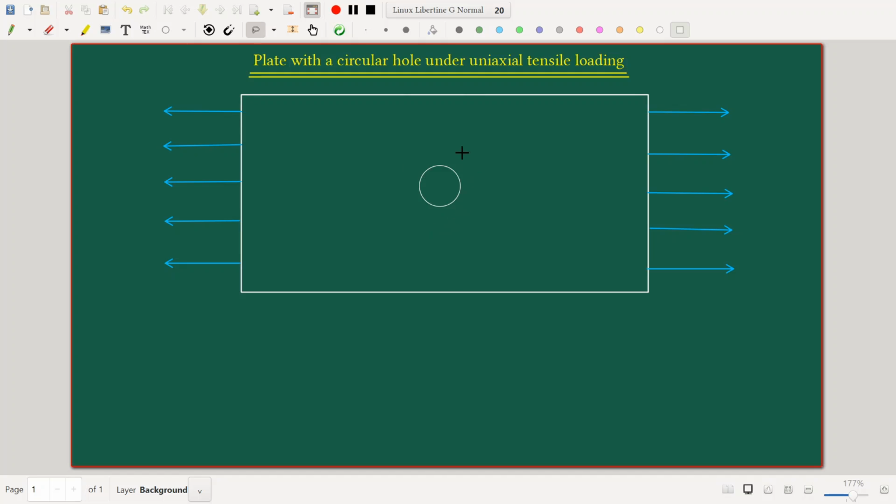Suppose this hole were not present, then this is a very easy problem. We have all done this. It's a direct application of a second degree polynomial. But the presence of this hole makes it a very challenging and very interesting problem. So how do we address this?